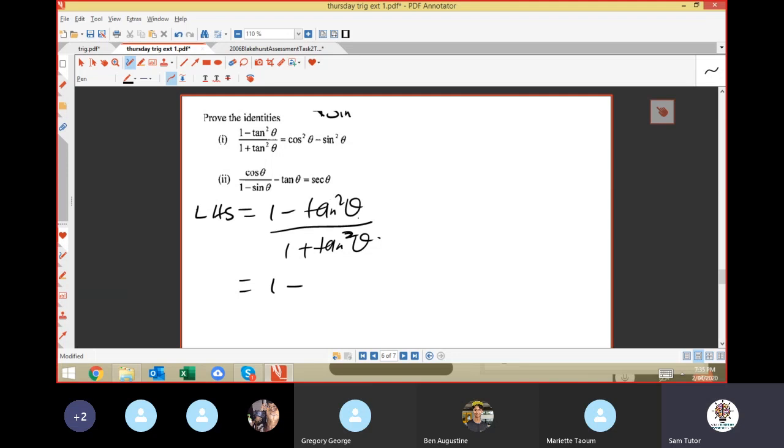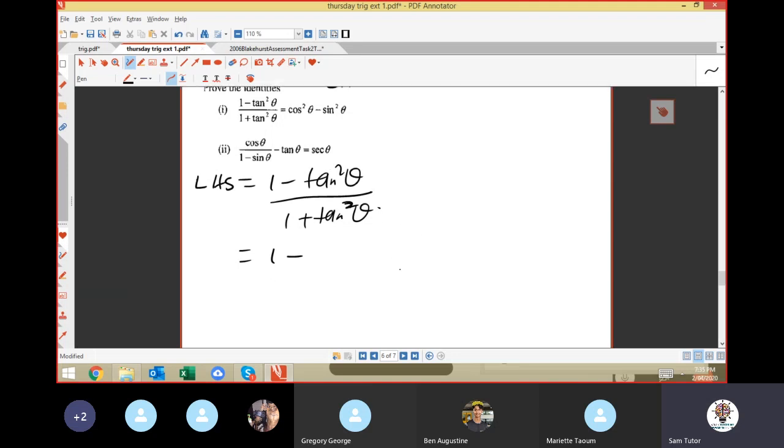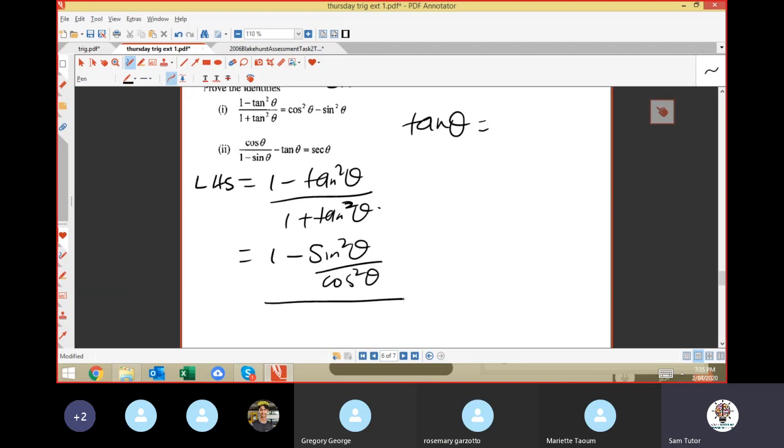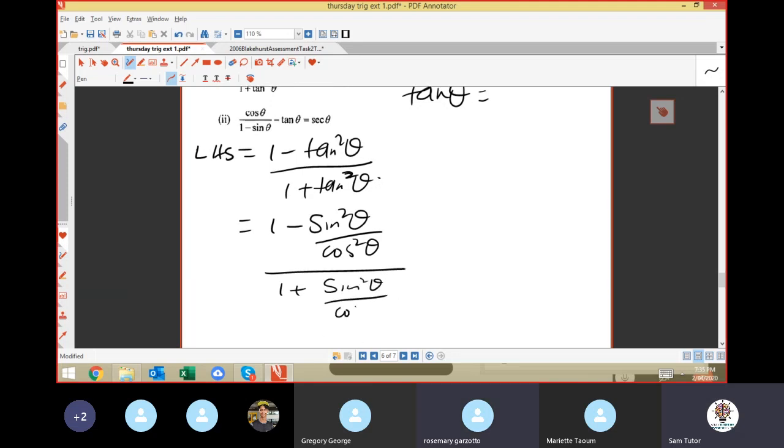What are you going to change tan to? Tan theta equals what? Do you remember it? Sine on cos. So this becomes 1 minus sine squared on cos squared over 1 plus sine squared on cos squared.